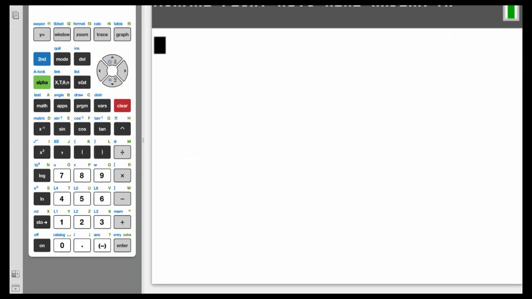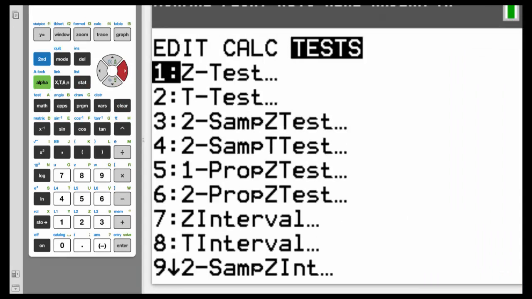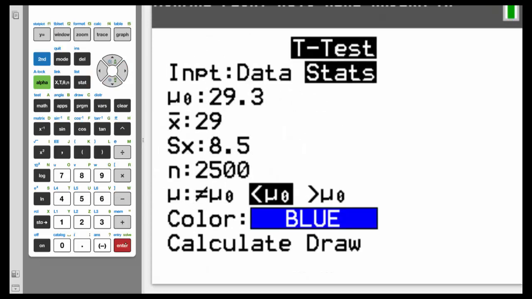Okay, go to stat, tests. We'll go to t-test, that's number 2. So again, we're going to highlight stats, hit enter. So the population mean, 29.3, hit enter. The sample mean, 29, hit enter. Sample standard deviation, 8.5, hit enter. N is 2,500. And then we want to highlight less than mu 0.